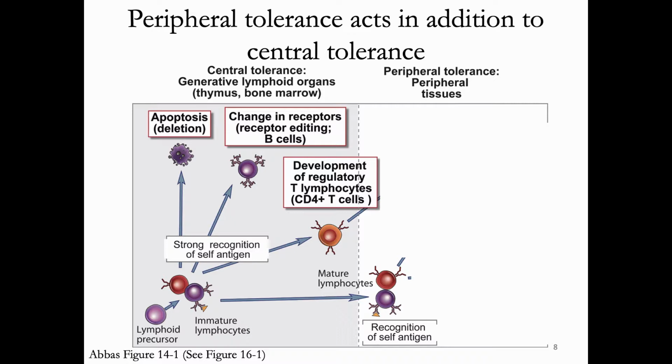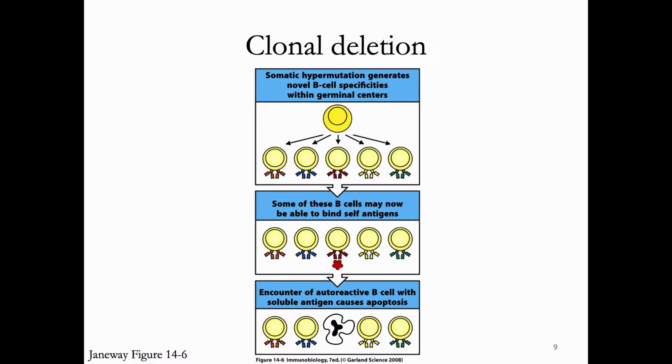But the first thing is, well, we saw deletion as a mechanism for central tolerance. What about peripheral tolerance? Could we just have deletion again? And the answer is yes. The face I was making earlier was supposed to be my dead face. So the first mechanism that we see of peripheral tolerance is called clonal deletion.